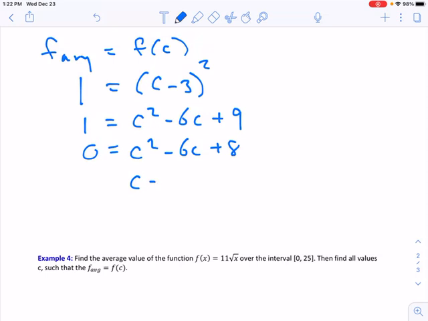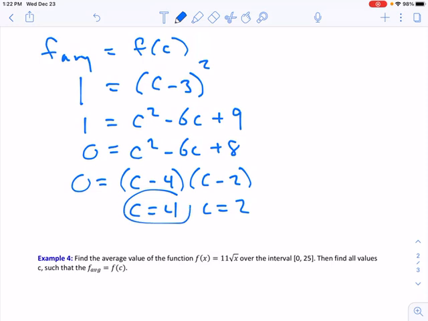So c minus 4 and c minus 2 equals 0. And again, 4 times 2 is 8, and 4 plus 2 is 6, and they're both negative. So c is equal to 4, and c is equal to 2. So those are the two values of c. Those are the x values where the function is equal to its average value of 1.